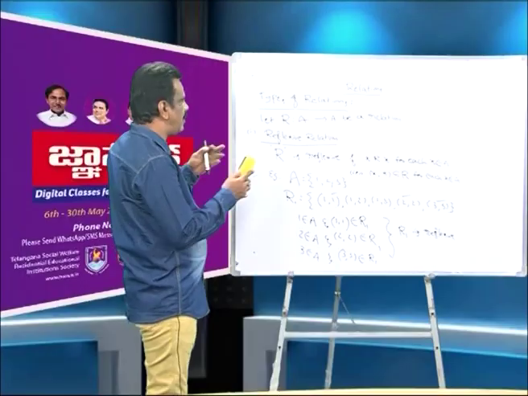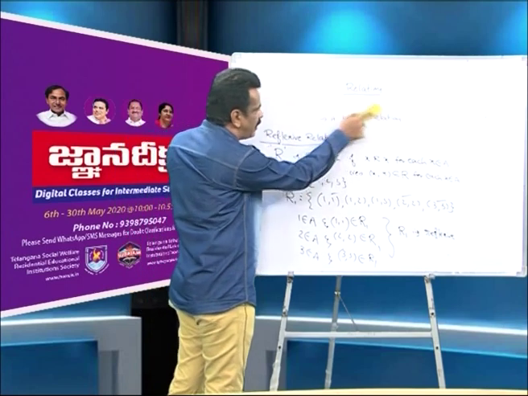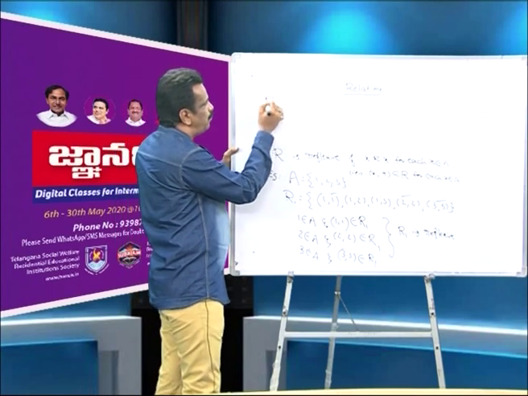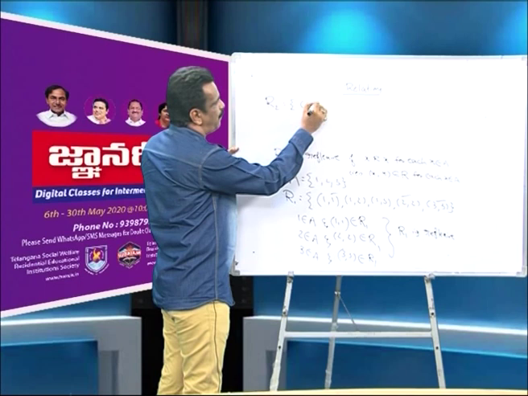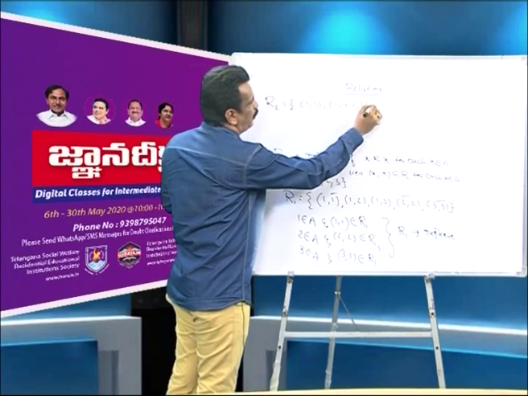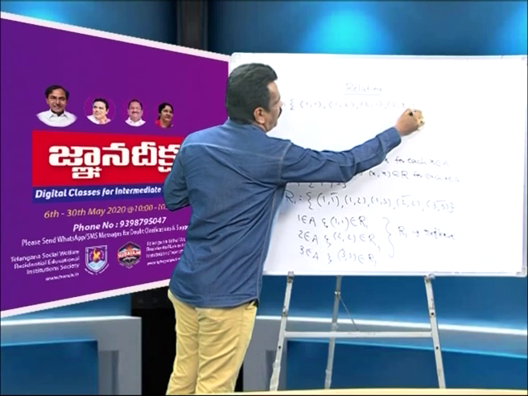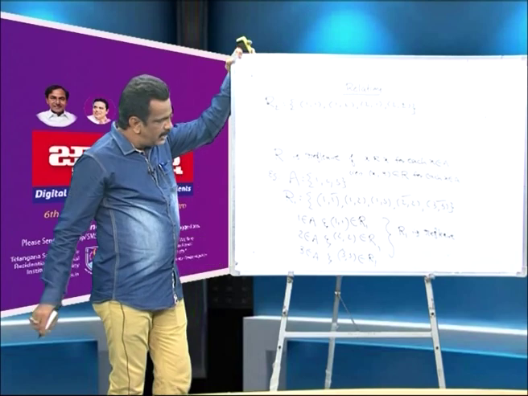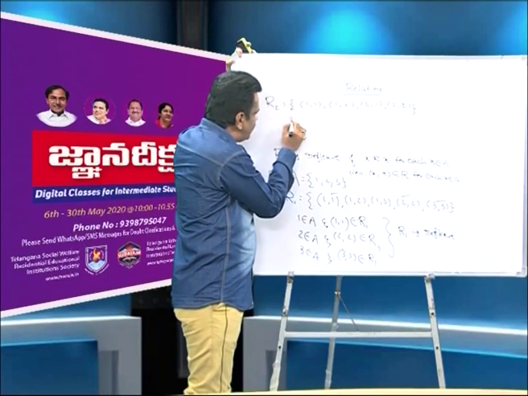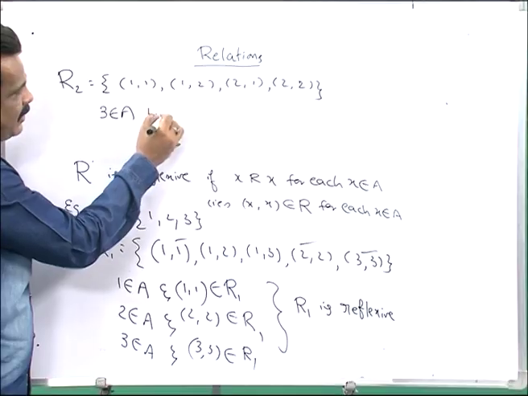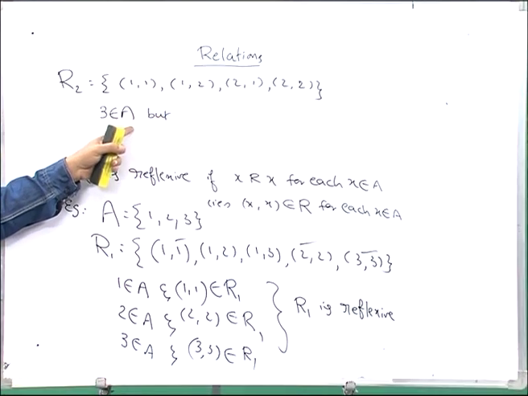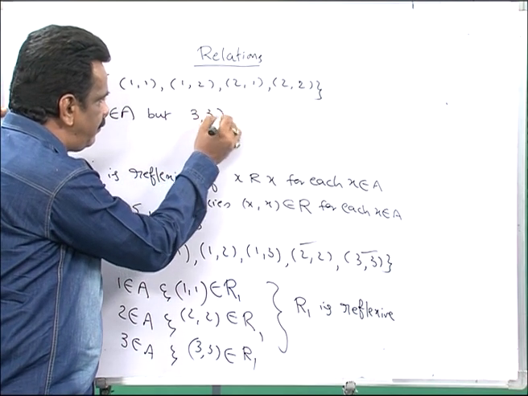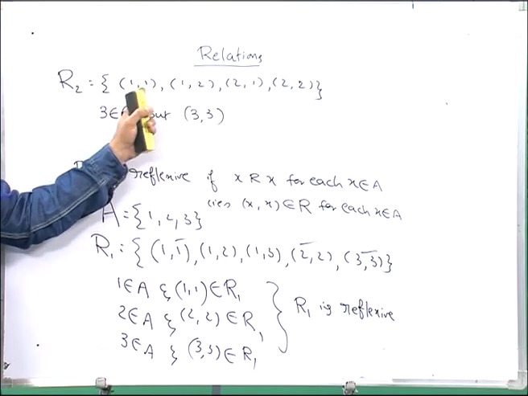Let us take one more example where the relation is not reflexive. I will take R2 with the ordered pairs (1,1), (1,2), (2,1), (2,2). Is it reflexive? Again A is 1, 2, 3 only, and you must check the same. Here 3 is in A, but the corresponding self-image ordered pair 3 comma 3 is not available here.